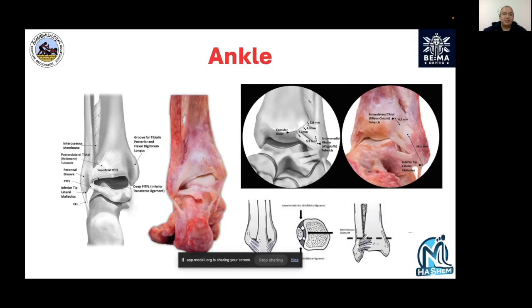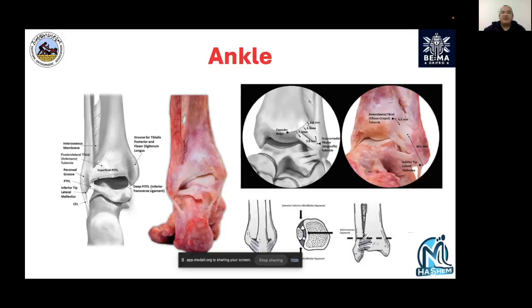The problem arises when the anterior inferior tibiofibular ligament is injured. Once it is injured, you put stress on the interosseous ligament, which is easily injured, and this is when the posterior inferior tibiofibular ligament comes on board.